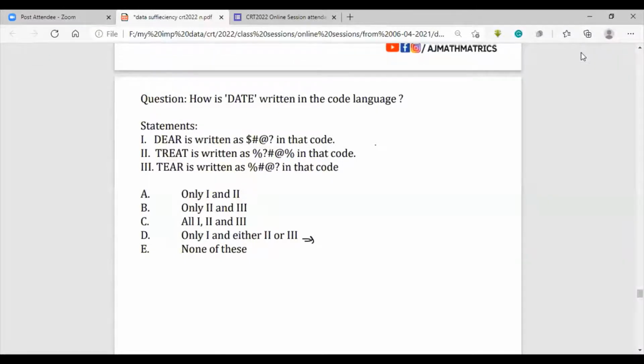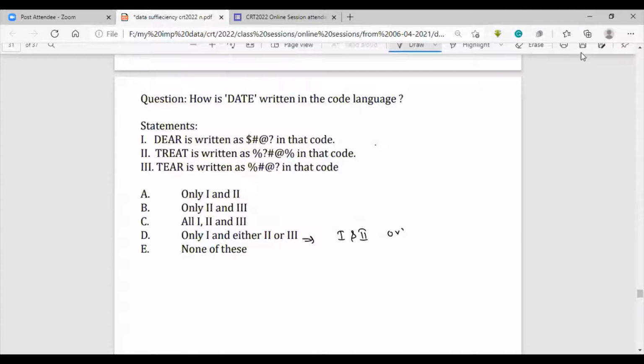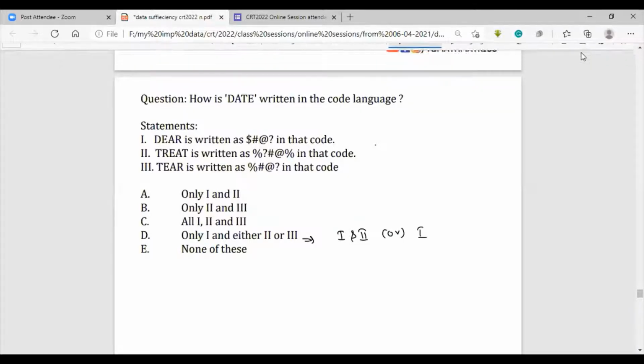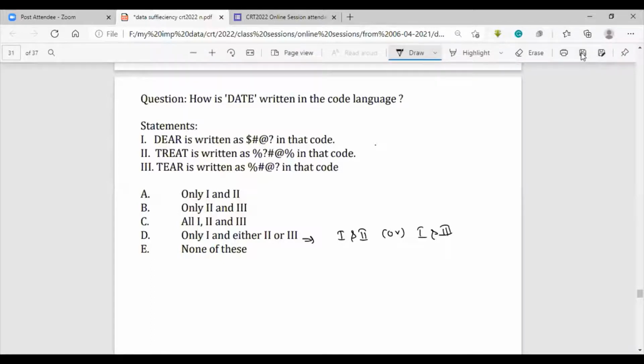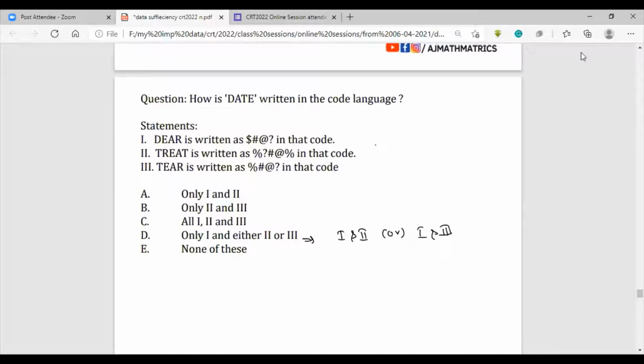Very good, Rajesh. D indicates either 1 and 2 or 1 and 3. So if 1 and 2, and 1 and 3 are sufficient, then the option is D.